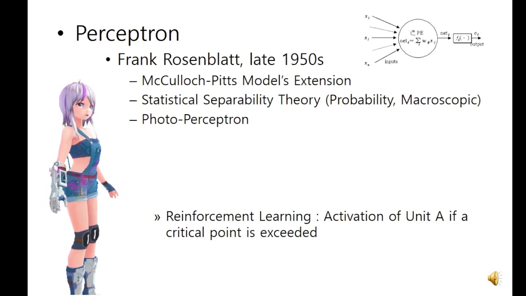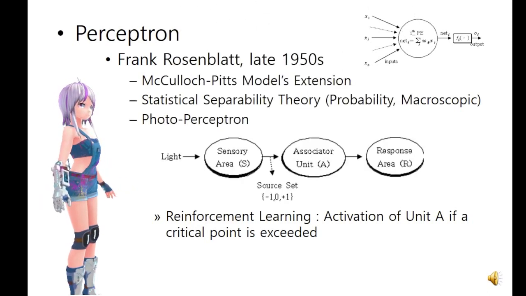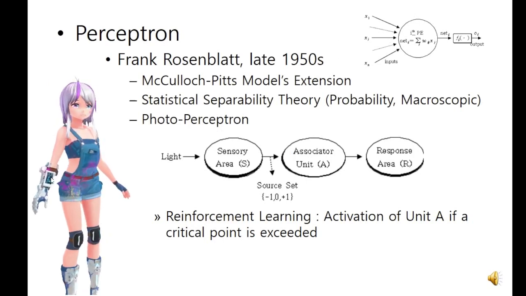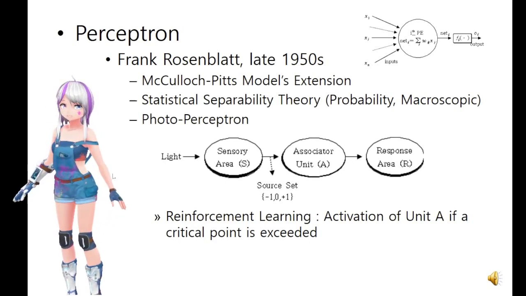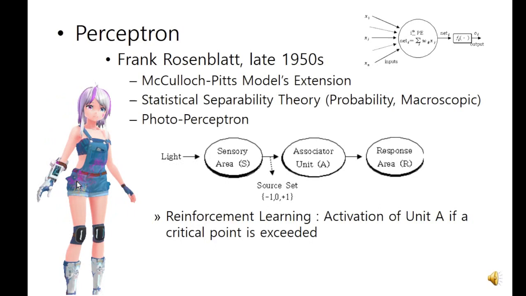He modeled the photoperceptron in the human eye via the retina, where light comes into the retina. We have a sensory area S in the figure, and it generates signals -1, 0, +1.